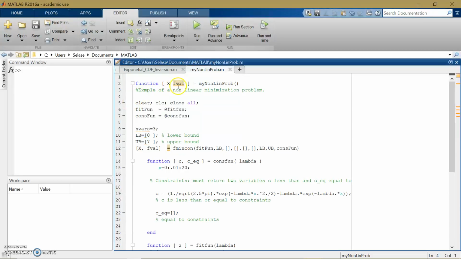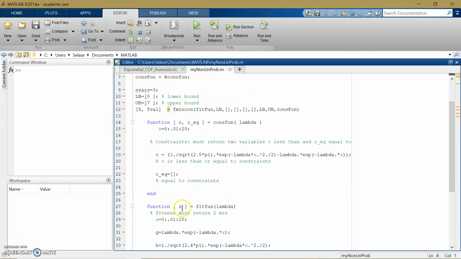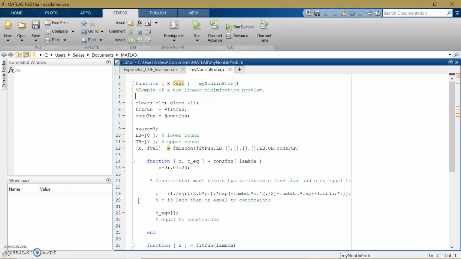So we have our first function, which is the x val, and then our second function deals with our c equation, and then the third one is just basically our z function. So in our x val, we set our lower and upper bounds 0 to 7, and for our c, we want our x to run from 0 to 20 in increments of 0.01.